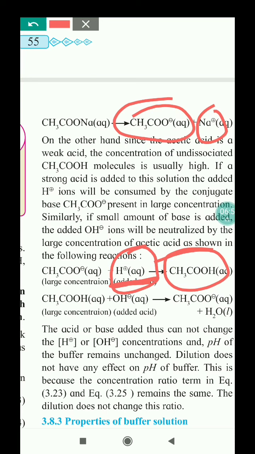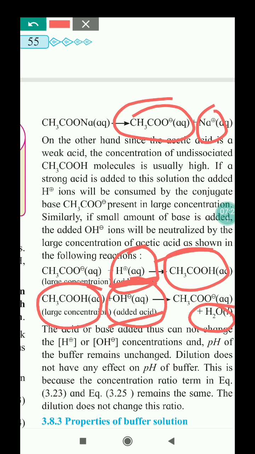Second case: by addition of a small amount of strong base, NaOH or KOH, it adds hydroxyl ion, which combines with H+ ion, and the pH of the solution may change. In order to resist that, unionized acetic acid combines with the hydroxide ion to form acetate ion and unionized water molecule.